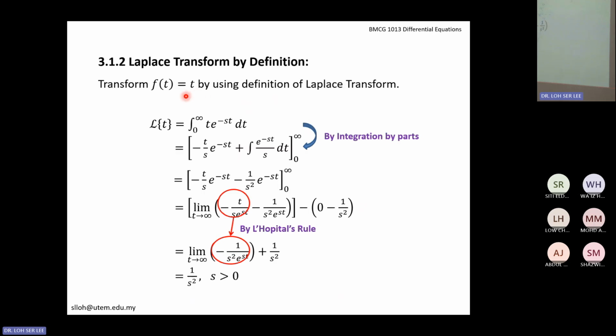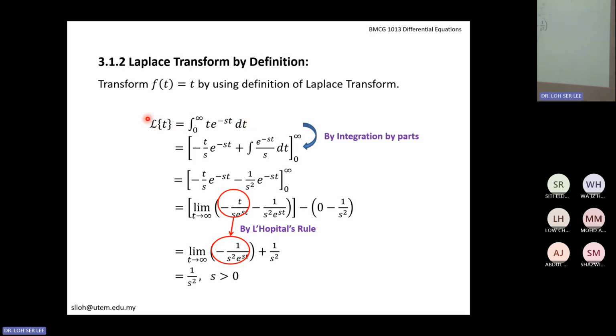Laplace transform f(t) equals t. We multiply this t by e to the negative st, and then integrate from 0 up to infinity with respect to t.